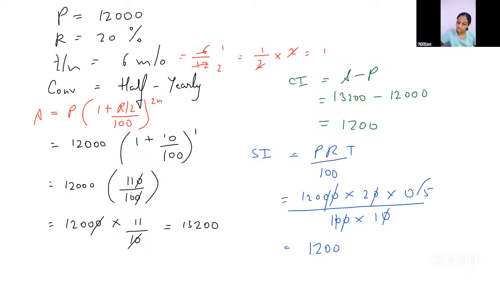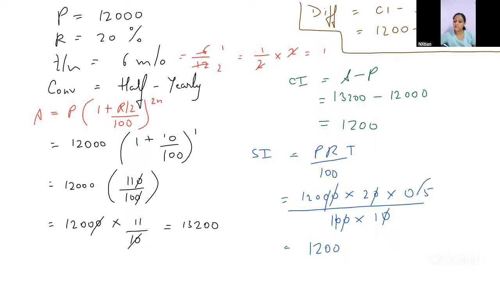Okay. Now difference: 1,200 minus 1,200 equals 0. This is easy. Reference formula I'll teach you tomorrow. Friday I will take your doubt class.